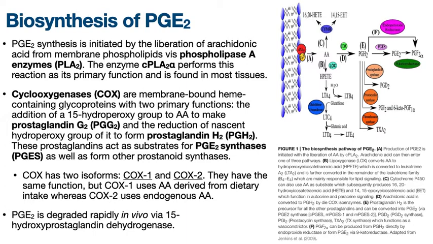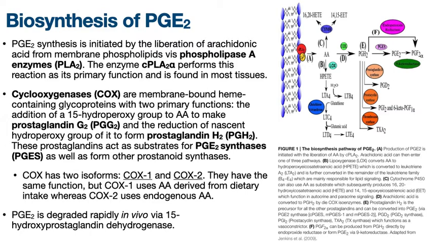So we use cyclooxygenase to act on our arachidonic acid, which is released by that phospholipase A. Once the cyclooxygenase has it, it can add that 15-hydroperoxy group to the acid, or it can do the reduction of the nascent hydroperoxy group to make PGH2. We have different mechanisms that can make precursors or substrates for PGE2, which is a more stable form of our prostaglandin. I know that's kind of convoluted, so I'll say it again.